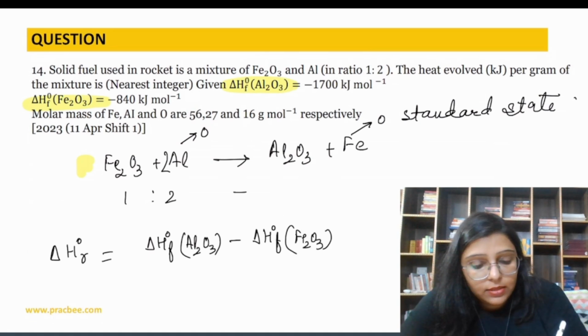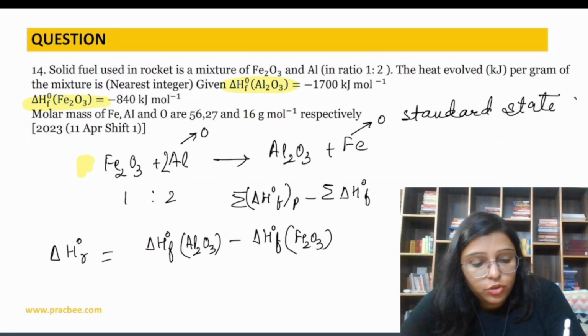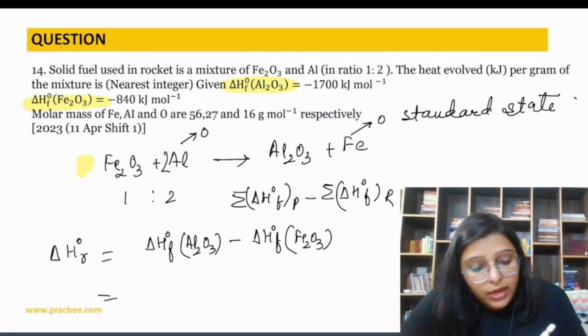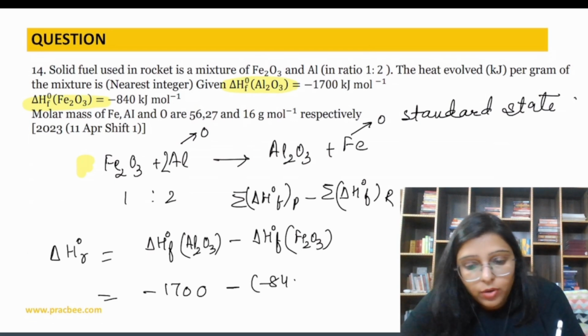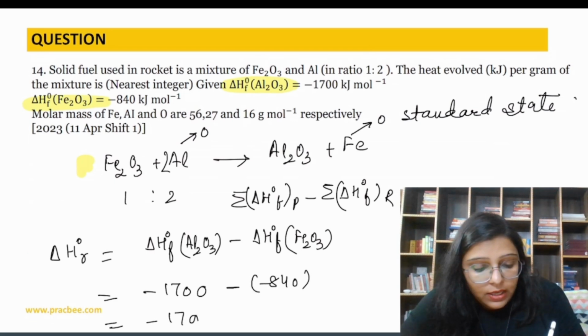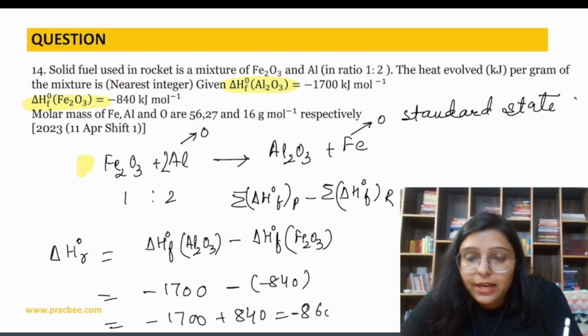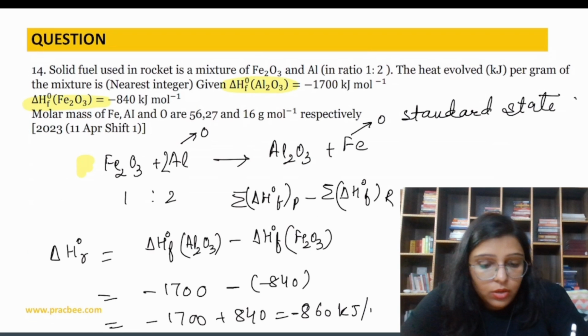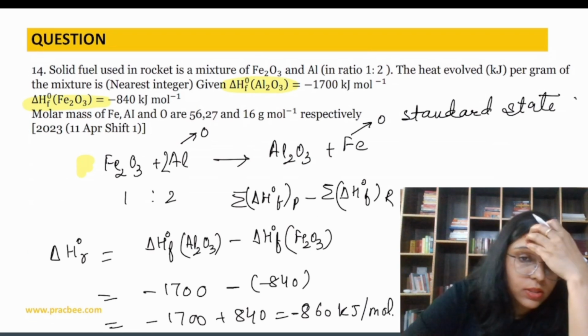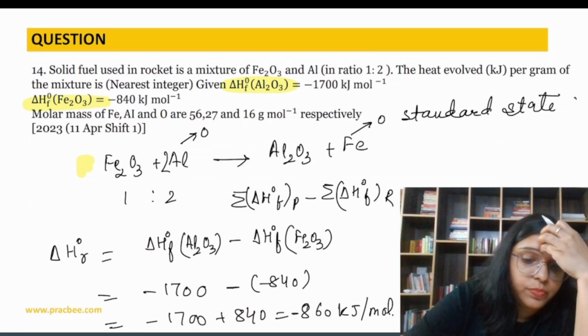I am applying summation of enthalpy of formation of products minus summation of enthalpy of formation of reactants. So Al2O3 enthalpy is minus 1700 and this is minus 840. So minus 1700 plus 840 becomes minus 860 kilojoule per mole.